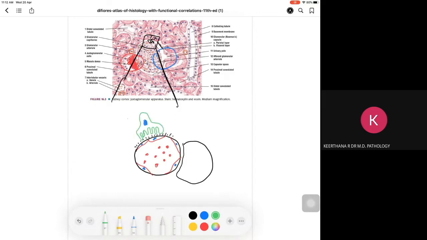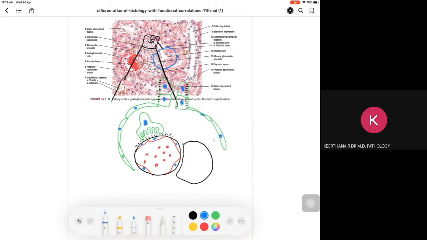What is this cell I am drawing now? Parietal cells. Super. What cell am I drawing now? I know I am going into the picture now. Parietal cell continues as the proximal tubule.